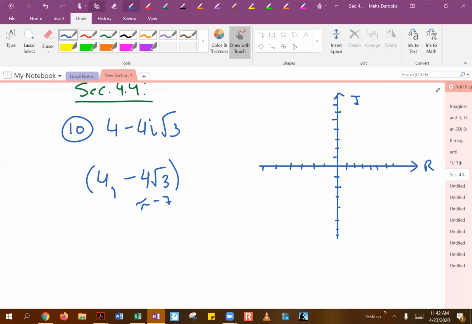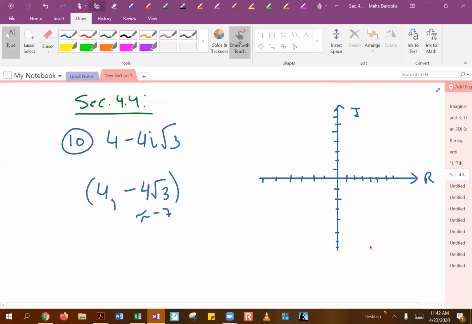So you're kind of looking at +4, -7. So maybe somewhere over here. And of course, this will be our 4 and negative 4 square root of 3. So that's the plotting part. Now they are asking us to rewrite this in the trigonometric form. So what do we do first?